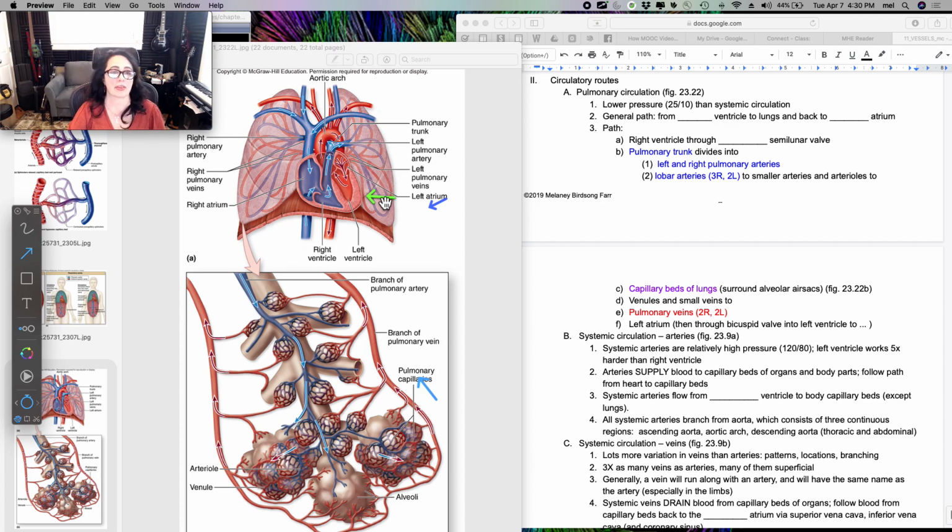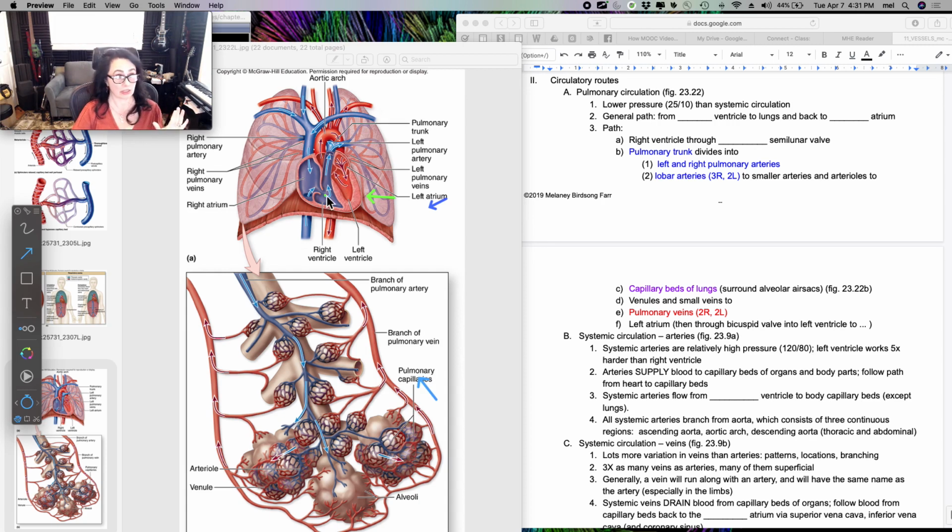So the general path, if you were looking at pulmonary circulation, is from the left ventricle to the lungs back to the right atrium. So we are going to leave, so I did it wrong, sorry, I'm spacey today, from pulmonary circulation, I was testing you, from the right ventricle to the lungs back to the left atrium.